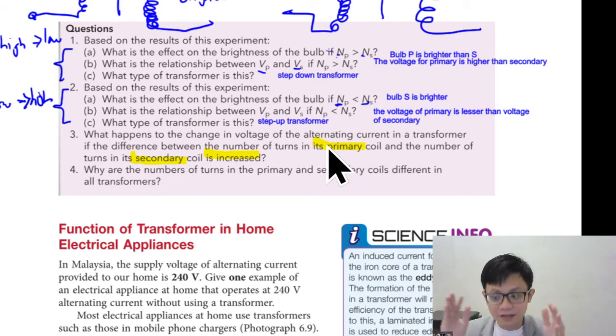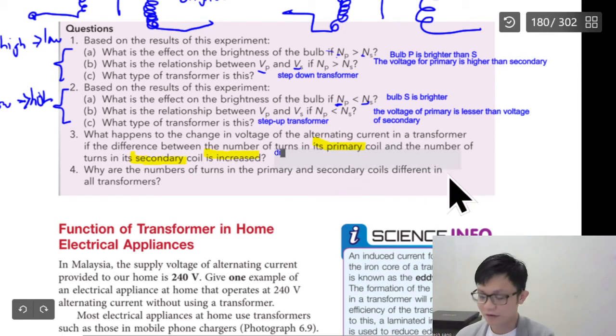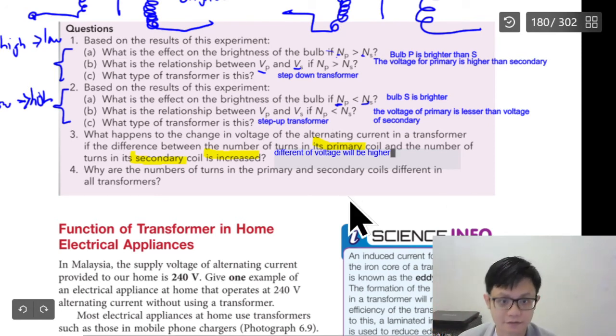So if the gap is bigger, the difference of voltage will be higher. Correct or not? Because you make a gap, so the difference of voltage will be higher.